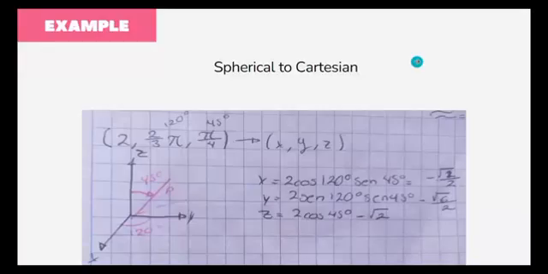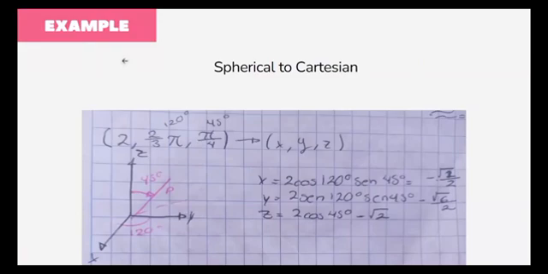And we have as an example spherical to Cartesian. In brackets, we have 2, 120, 45.